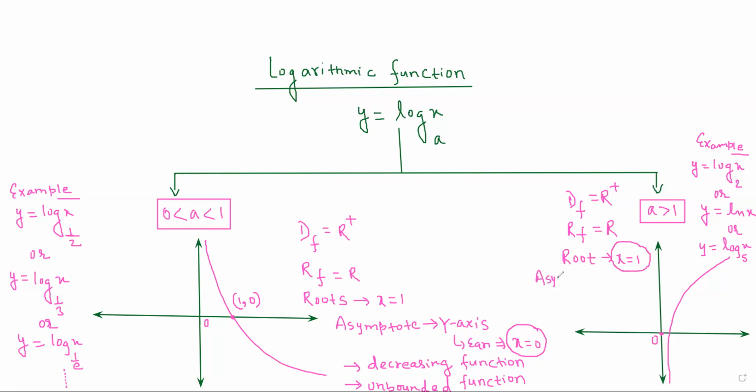The y-axis, meaning x is equal to 0. Is the graph increasing or decreasing? The graph is increasing function. Is the graph bounded or unbounded? The graph is unbounded. Just note it down, beta, firstly.